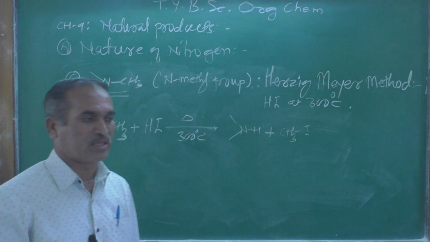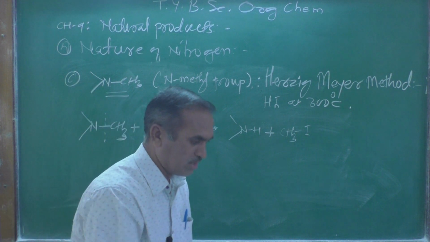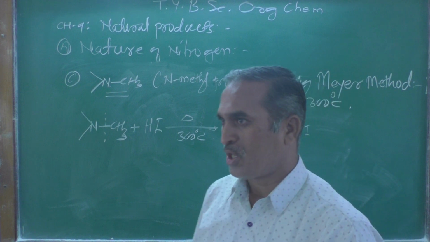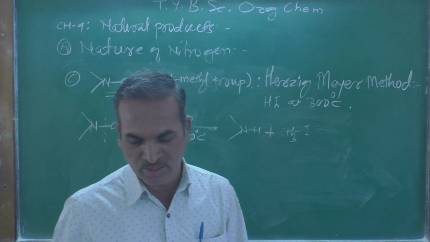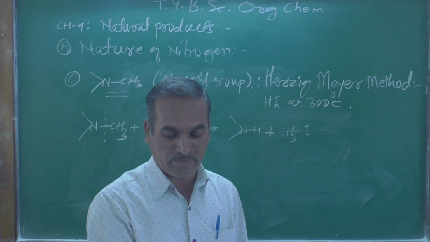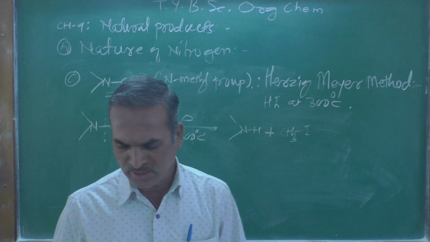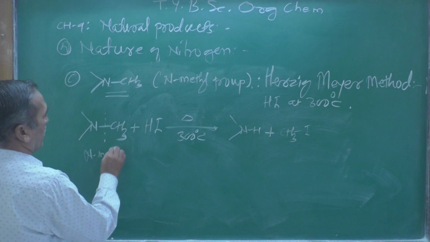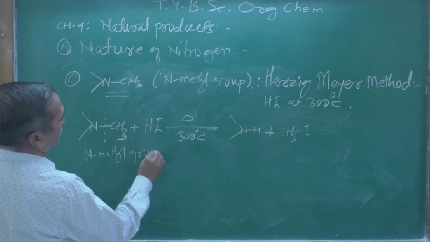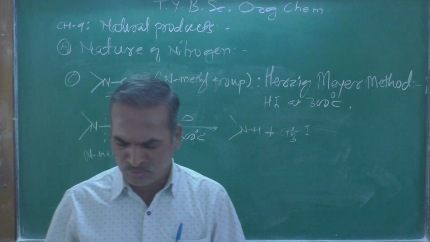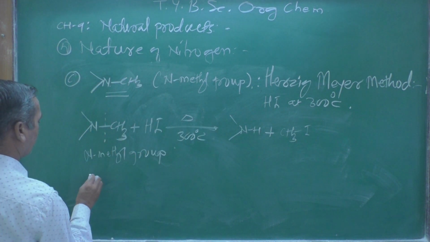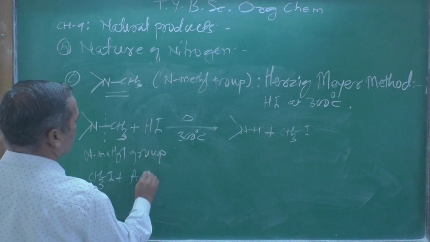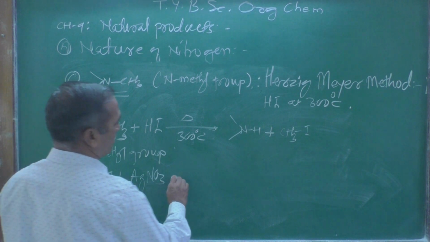And how do we determine the number of methyl iodide present in the compound? We already learned this in our previous lecture, but let us see here. This is an N-methyl group, and this methyl iodide is further treated with AgNO3, silver nitrate.